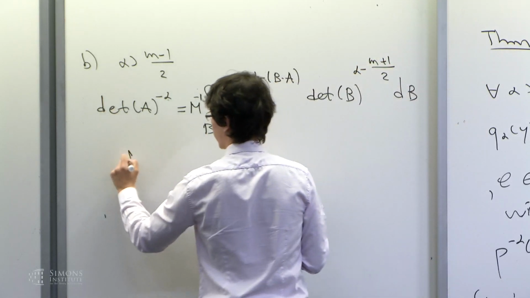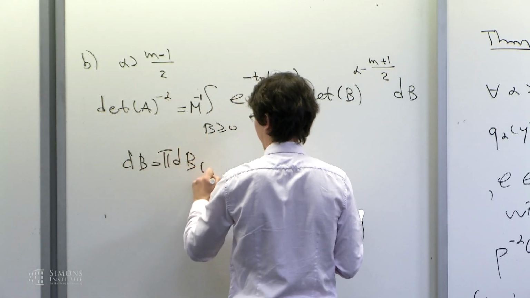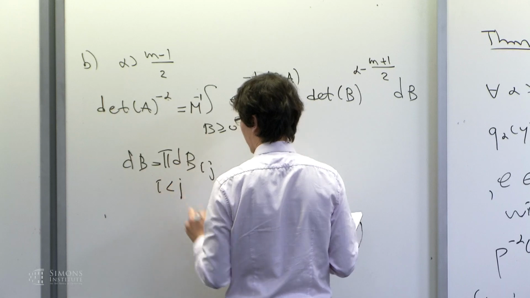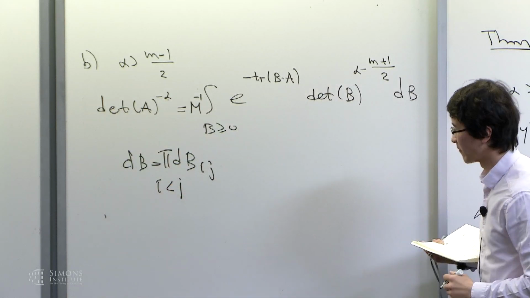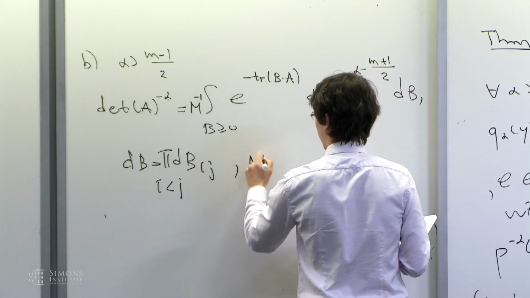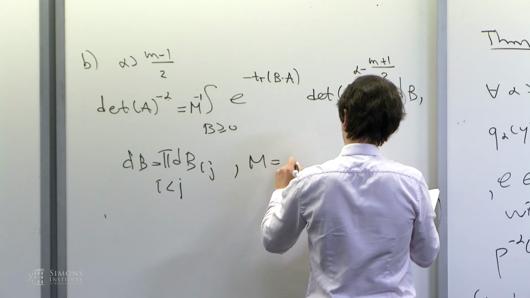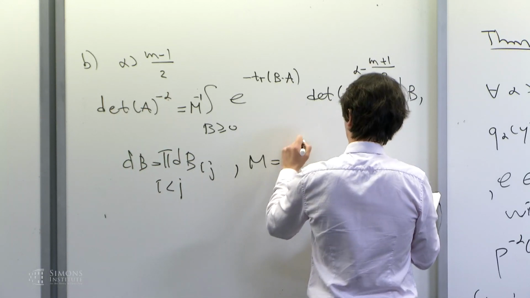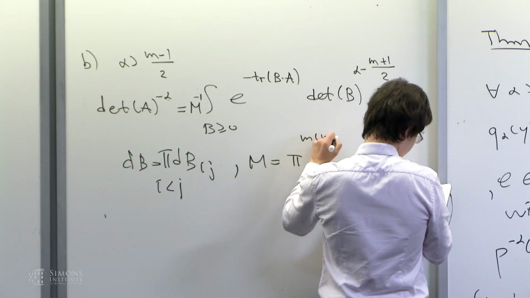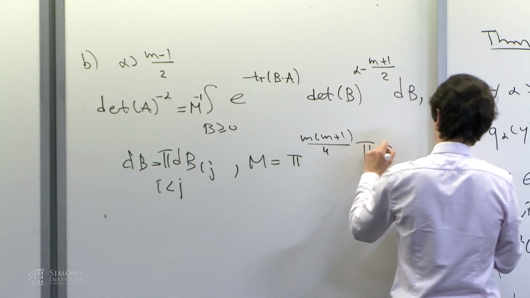So dB here is a product of dBij, so all entries on the diagonal and above. Okay, and the constant is some ugly constant that is pi to the power m(m minus 1) over 4 times a product of gamma functions.